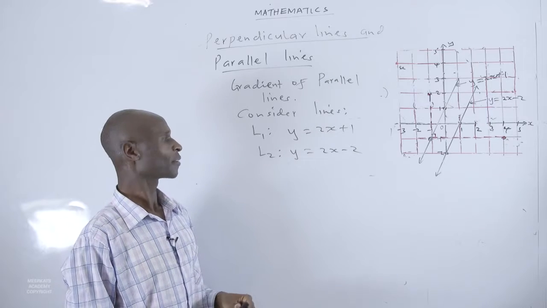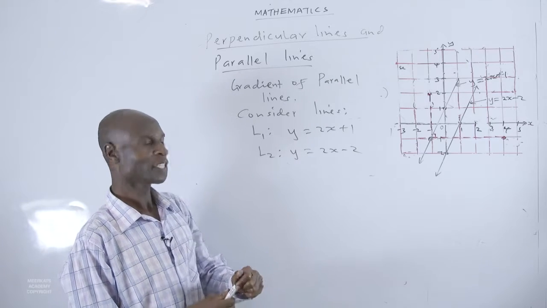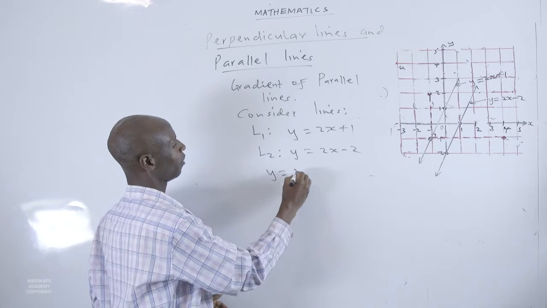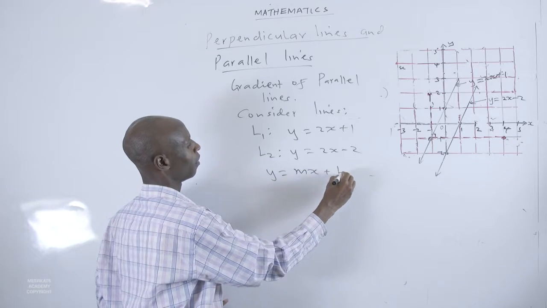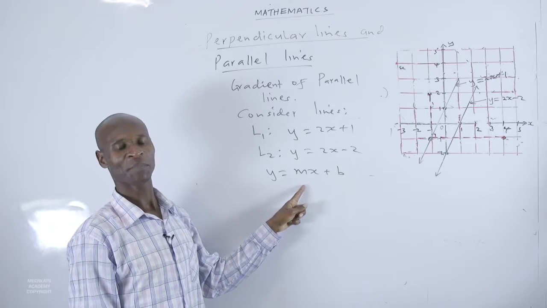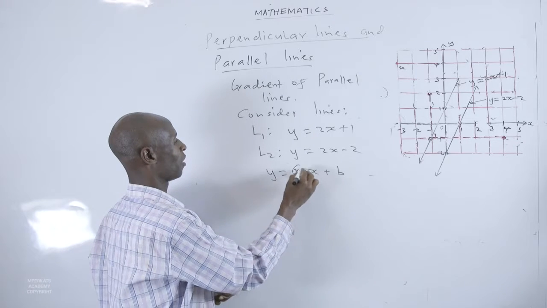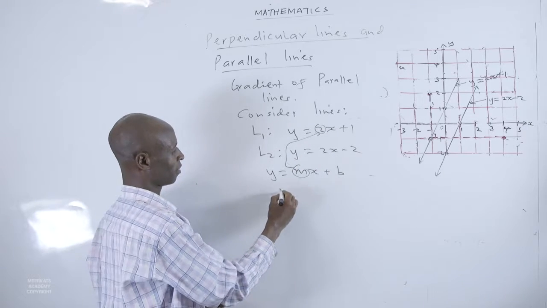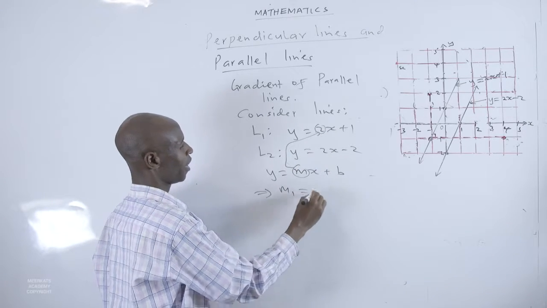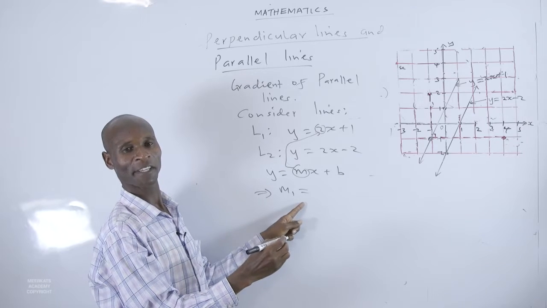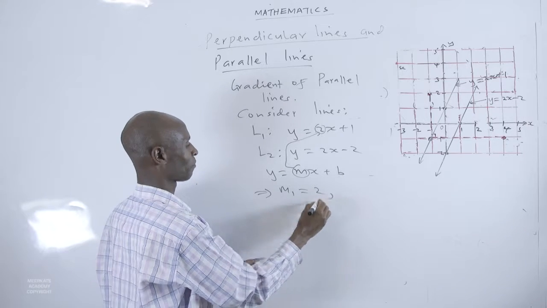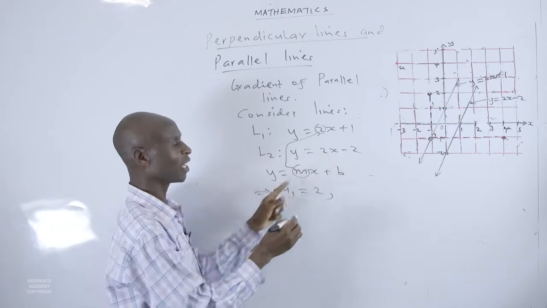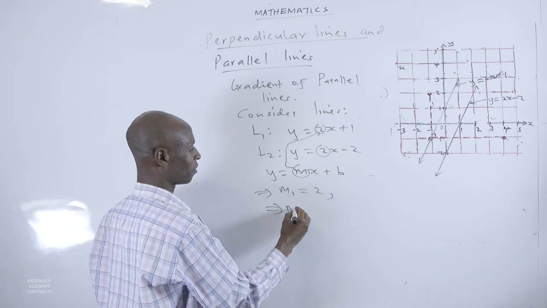From those two lines, we can get the gradient by comparing with the general equation y is equal to mx plus b. That means m1, the gradient for the first line, is 2. Also, the gradient for the second line is 2.